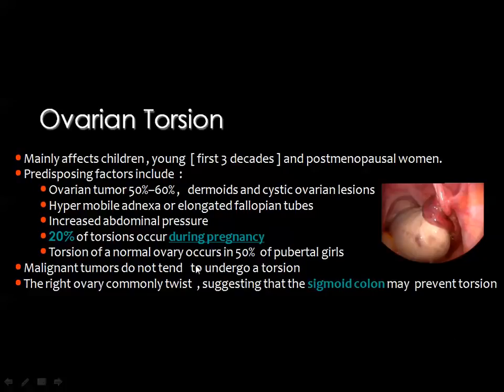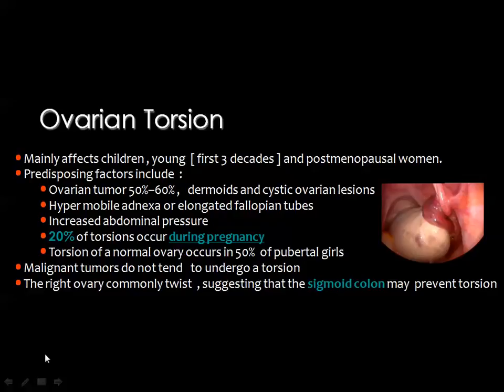In most of the cases, there is a benign tumor, which is usually a dermoid cyst, and sometimes the adnexa is hypermobile, or there is an elongated fallopian tube, or sometimes you can also see increased intra-abdominal pressure, and about 20% of ovarian torsion may occur during pregnancy.